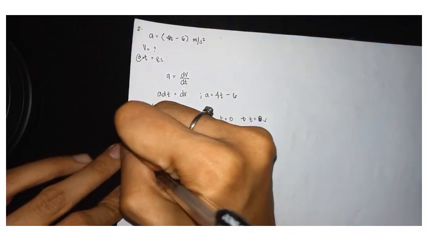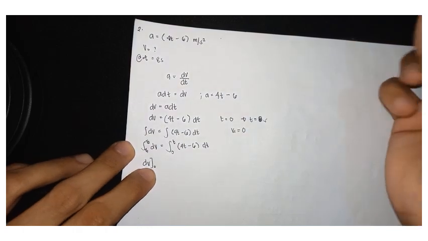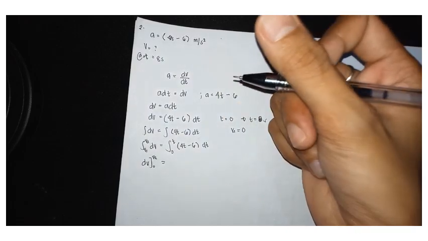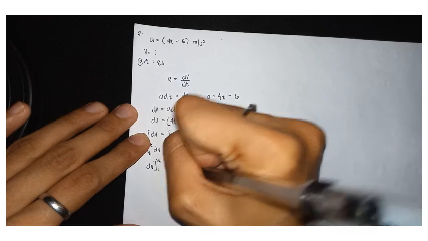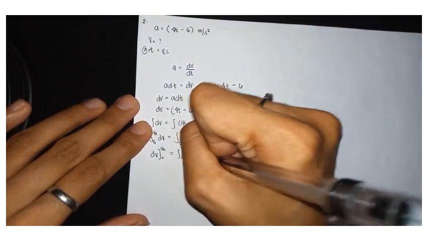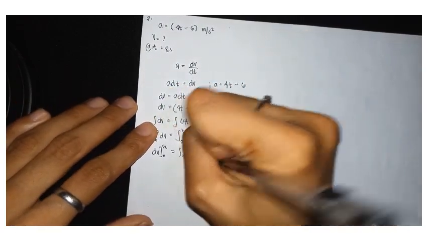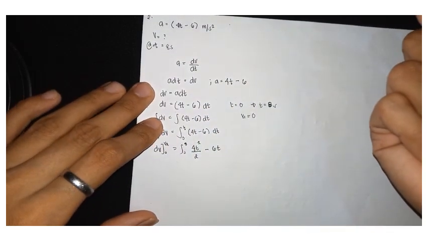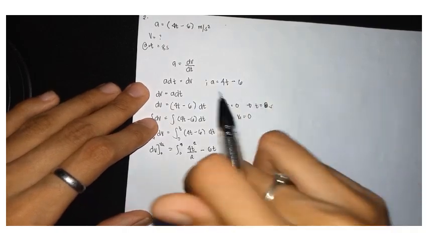So the integral of dv has a lower limit of 0 and an upper limit of the final velocity. Integrating these sides, we get t squared over 2 minus 6t.